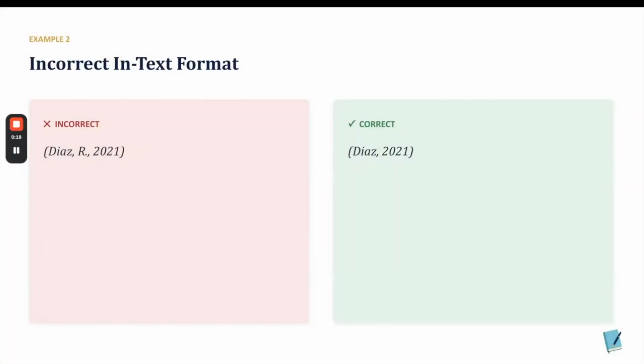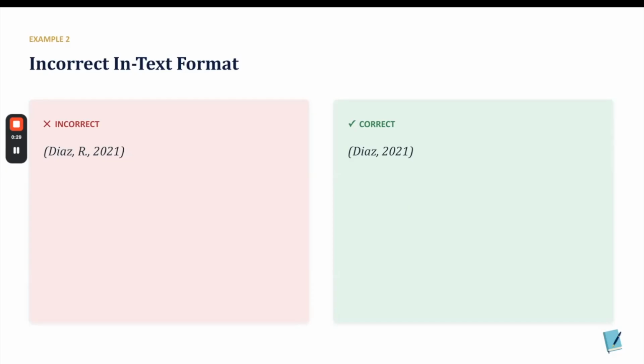Another mistake that I see pretty often is when people want to put a little too much information in that parenthetical citation. They put the author's first and last name, or they put the author's first initial and last name, or they put the month and the year of the publication. We don't have to do that, and here's an example of what it should look like. This is an incorrect in-text format when people are a little bit worried about including enough information in their parenthetical citation.